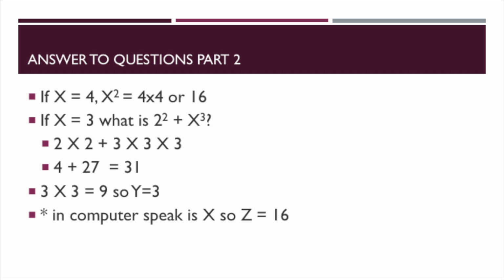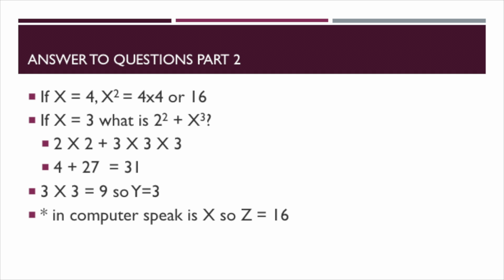So let's go through the answers. If x is 4, x to the second power is 4 times 4, or 16. In the second question, we're just going to set x to 3. Now, 2 to the second power is 2 times 2, and x, which is 3, to the third power is 3 times 3 times 3. Now remember your order of operations. So it's 2 times 2, which is 4, plus 3 times 3 times 3, which is 27.